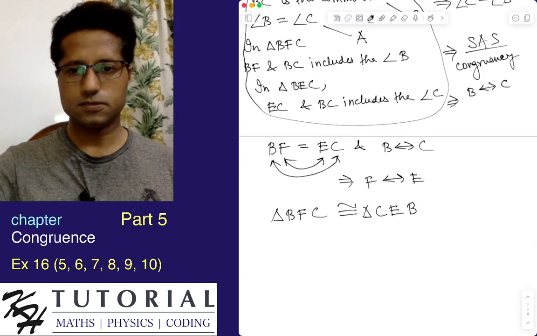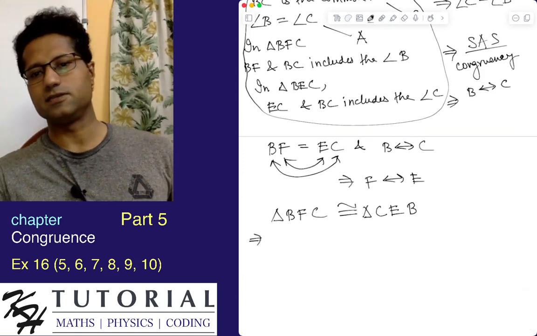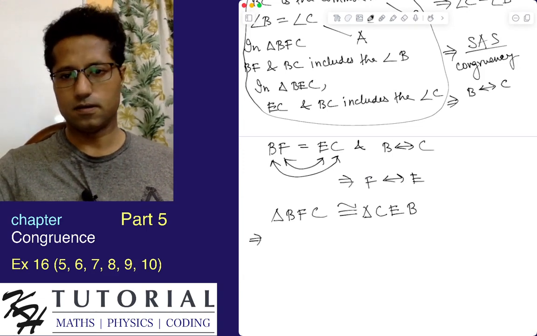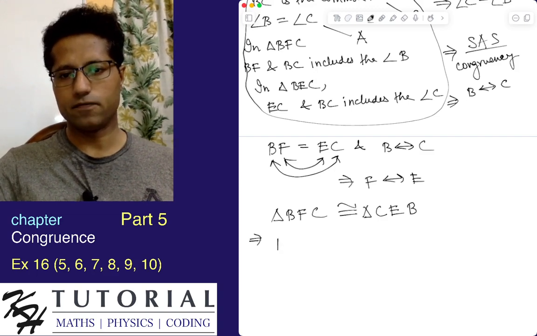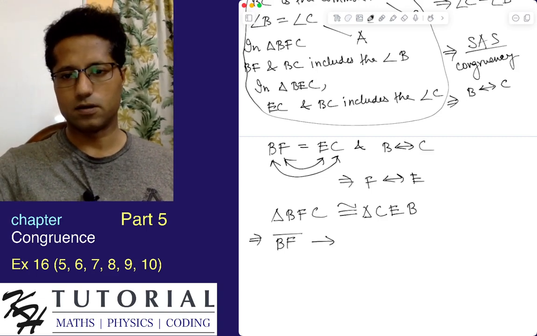Now from this, we know that the corresponding sides and the angles should be equal.